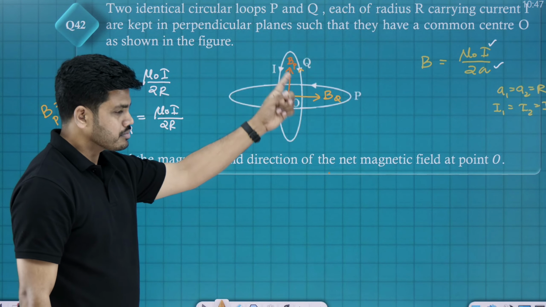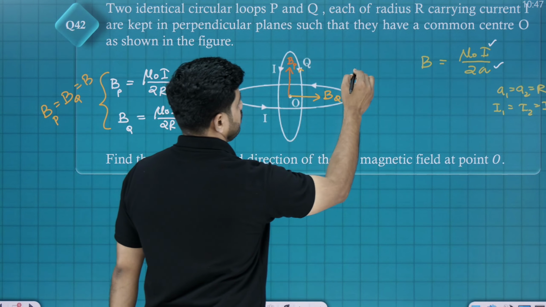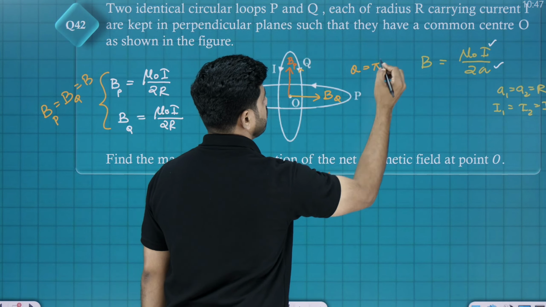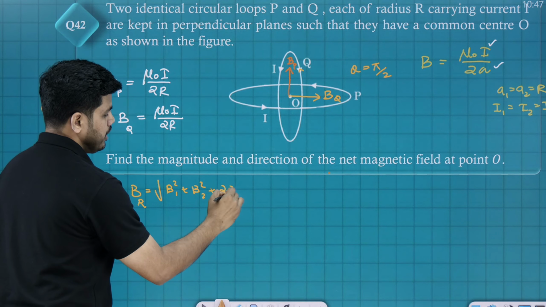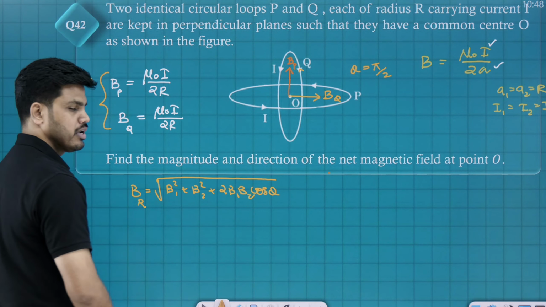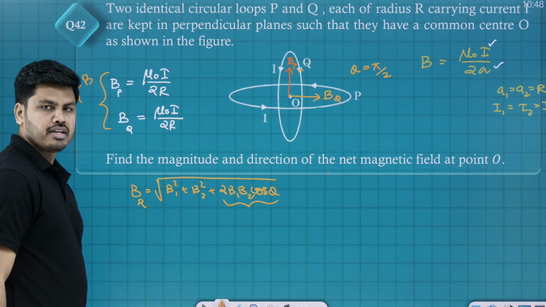So we have two magnetic fields, BP and BQ, making an angle pi by 2, theta is equal to pi by 2 between them. Then we have to find the resultant. How will you find the resultant? Resultant BR is going to be root of B1 square plus B2 square plus 2 B1 B2 cos theta. Theta is the angle between B1 and B2. Since theta is 90, the whole term will be cancelled.